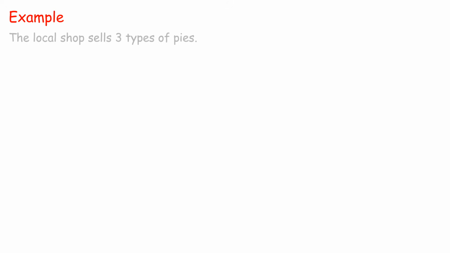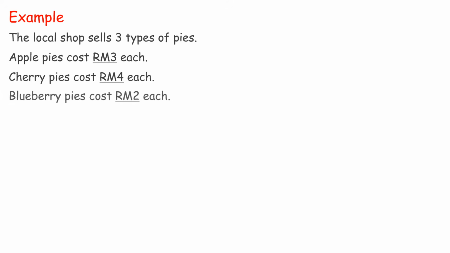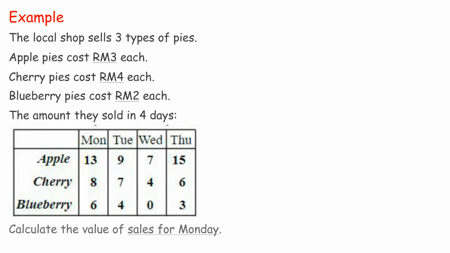Example: the local shop sells 3 types of pies. Apple pies cost RM3 each, cherry pies cost RM4 each, blueberry pies cost RM2 each. The amount they sold in 4 days is as follows. Calculate the value of sales for Monday.